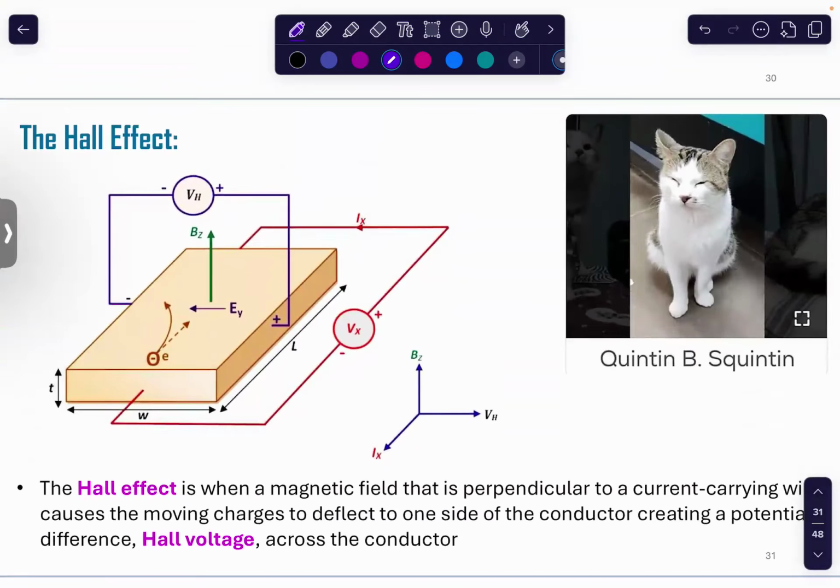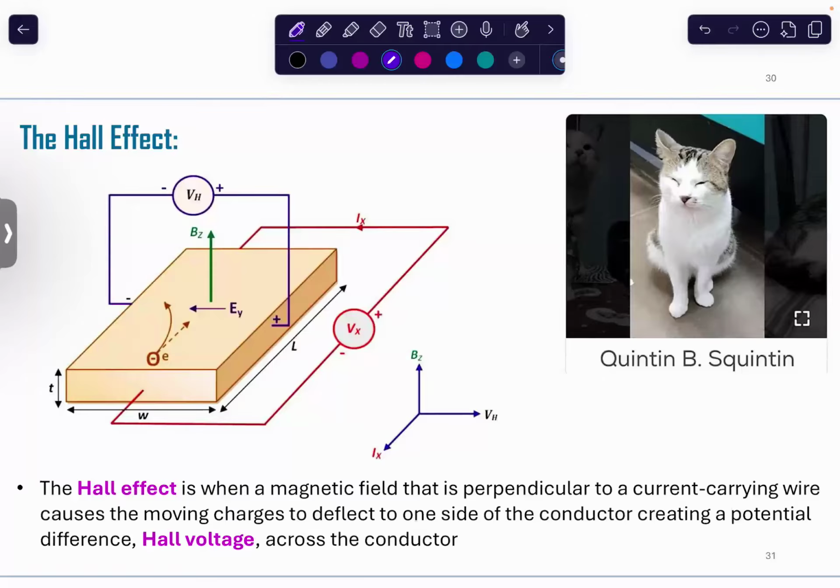Quentin be squinting. So now we're on to something called the Hall effect. So imagine you have a current carrying chunk of material.